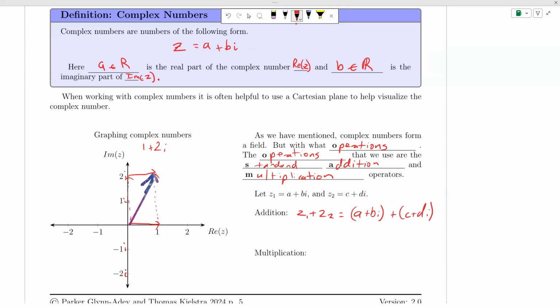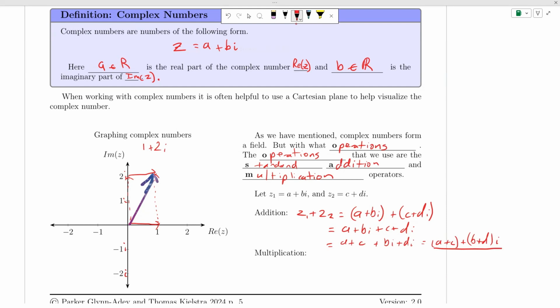Now, our standard addition operators are associative and commutative. So because of this, we get (a plus bi) plus (c plus di), which equals (a plus c) plus (bi plus di), which is equal to (a plus c) plus (b plus d)i, which itself here is a complex number.